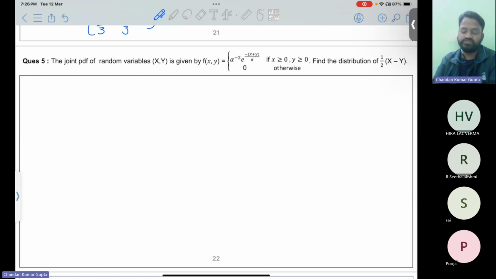Okay. Now the next question: the joint PDF of a random variable (X, Y) is given like this.